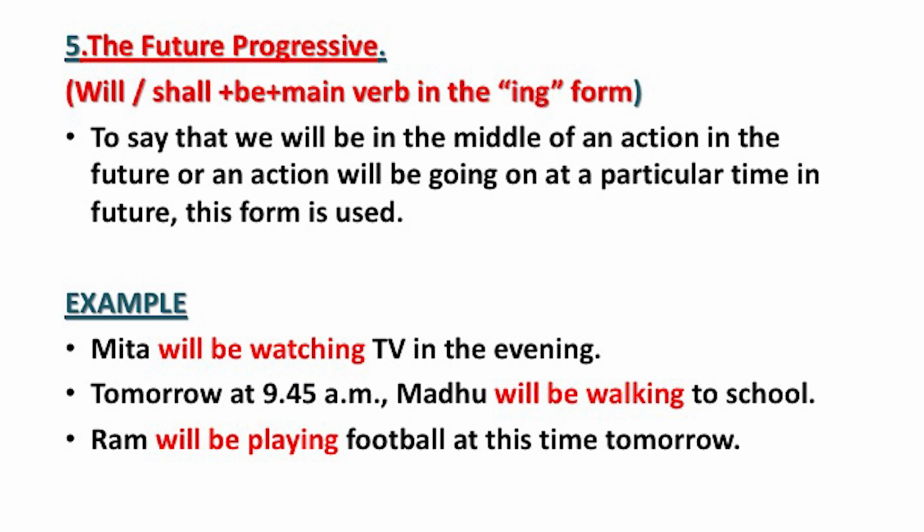And we use the future progressive to say that we will be in the middle of an action in the future, or an action will be going on at a particular time in the future.